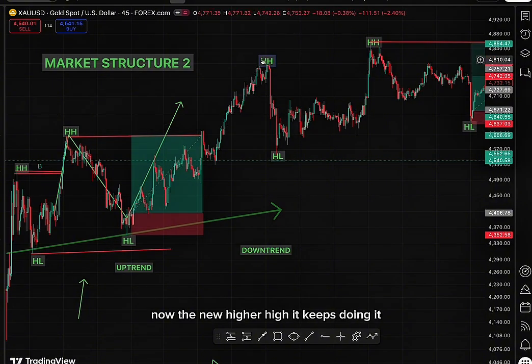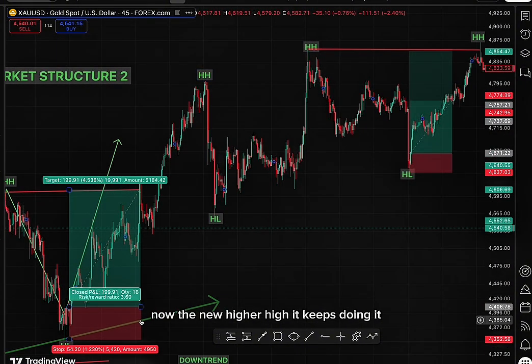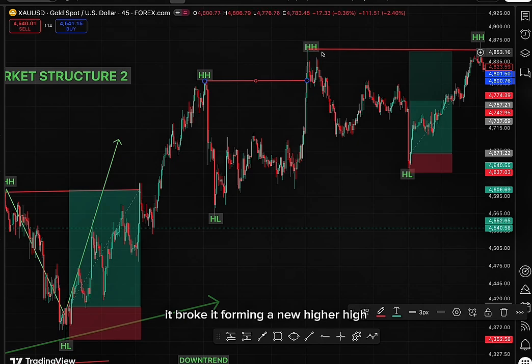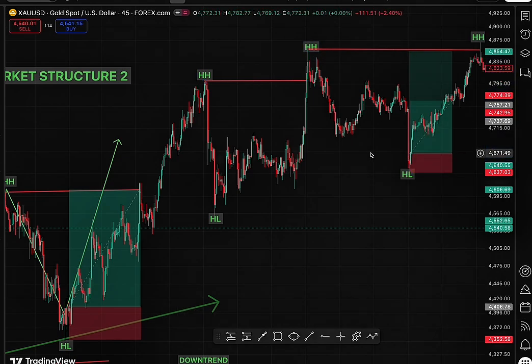Now, the new higher high, it keeps doing it, forming a new higher high. It broke it, forming a new higher high. Wait for a retracement, take a buy. In an uptrend, you buy. In a downtrend, you sell. It's that simple.